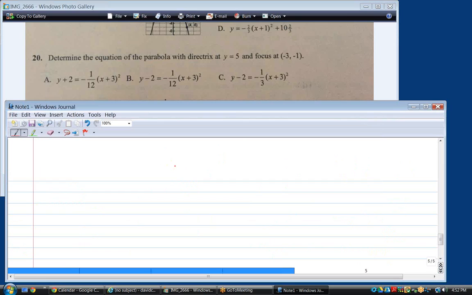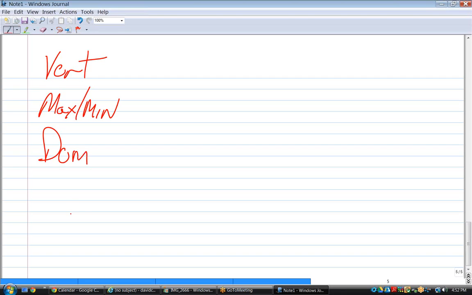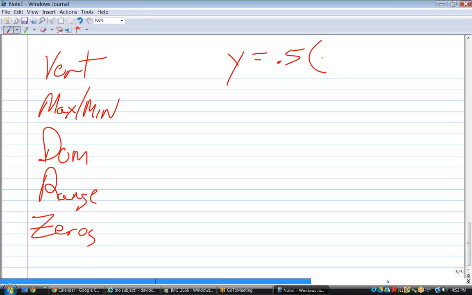It says give A the vertex, B the maximum or minimum, C the domain, D the range, E the zeros, and the equation is y equals 0.5 (x minus 7)(x minus 3).